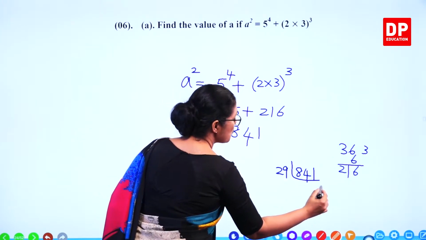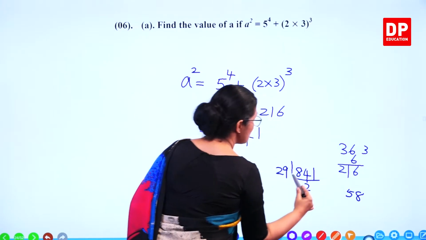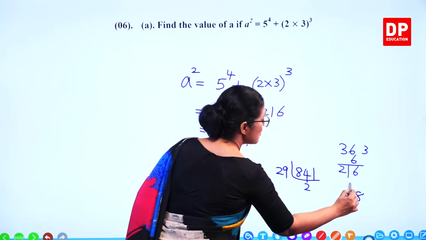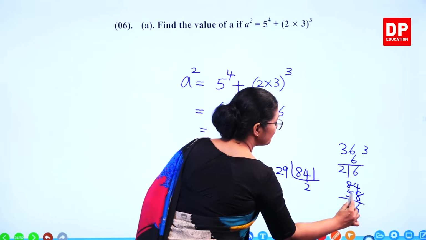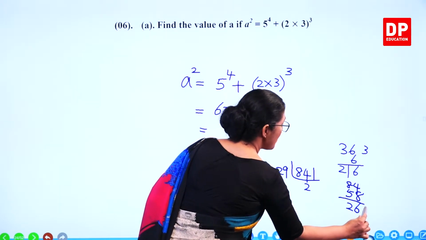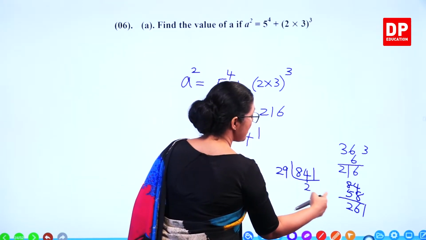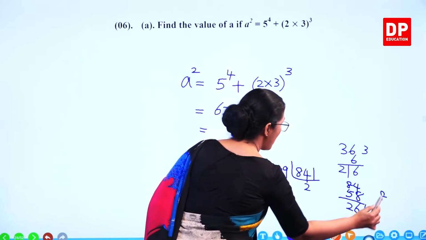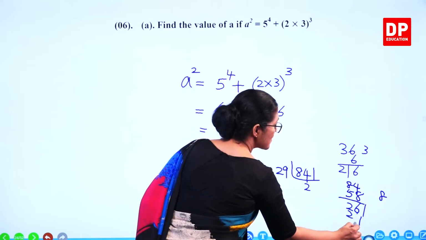So 29 times 9 gives 261, 29 times 2 gives 58, so 58 plus 26 gives 84, so 841.